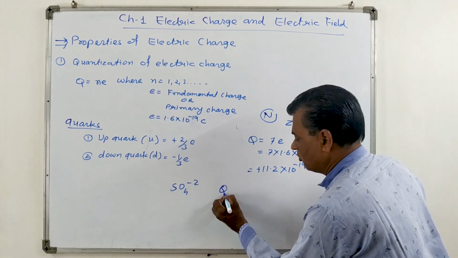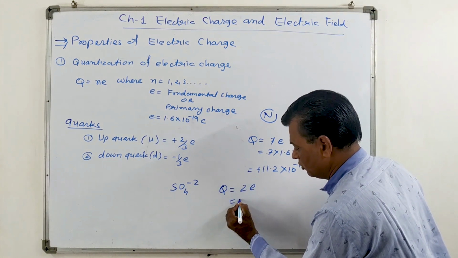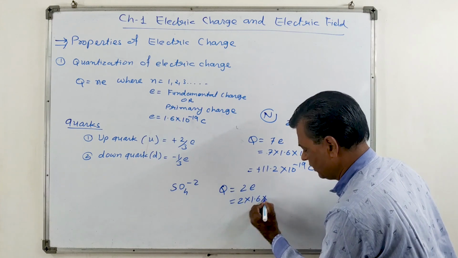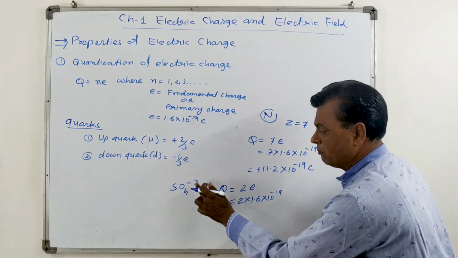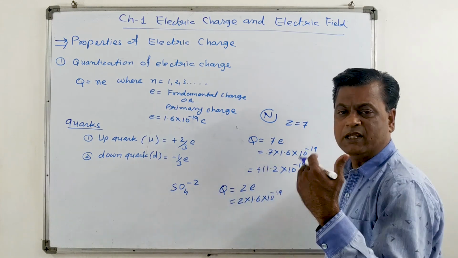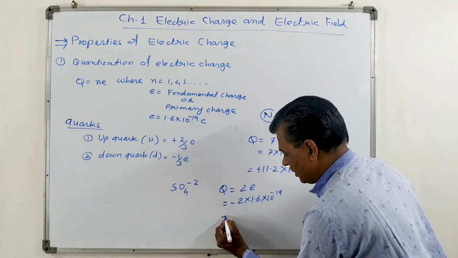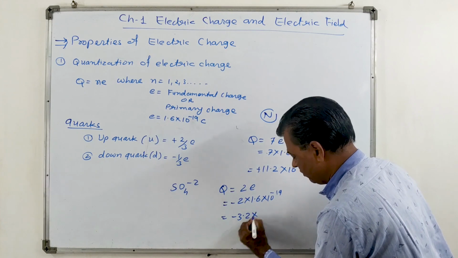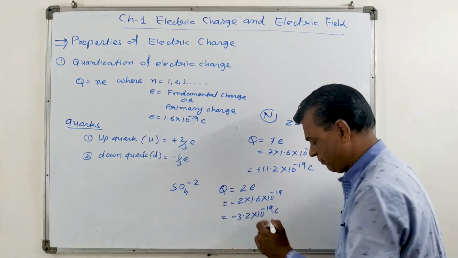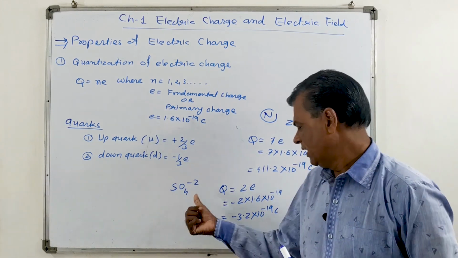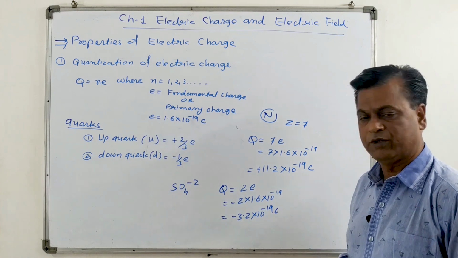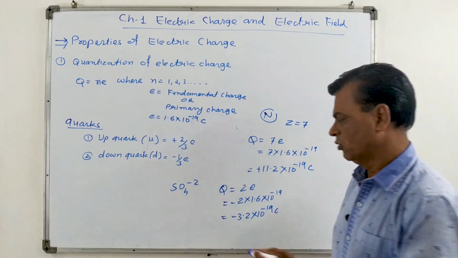So Q = 2e, which is 2 × 1.6 × 10^-19. Minus indicates that there is an excess of 2 electrons, so it is negative charge. So the charge on the sulfate ion is minus 3.2 × 10^-19 coulomb.